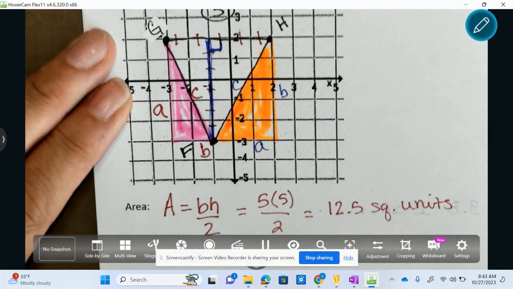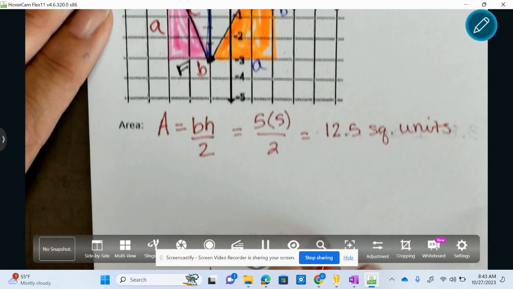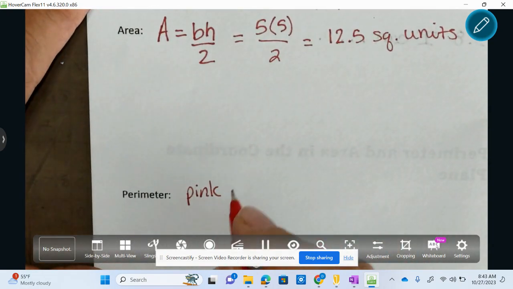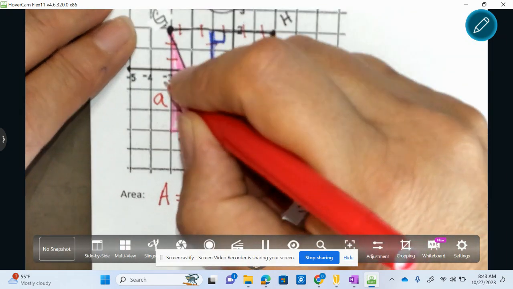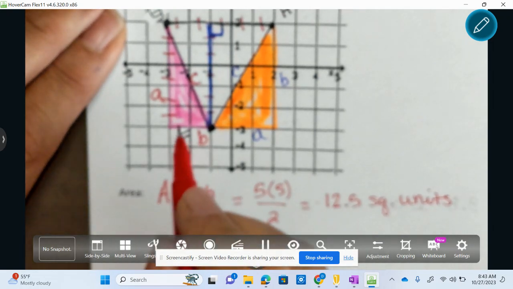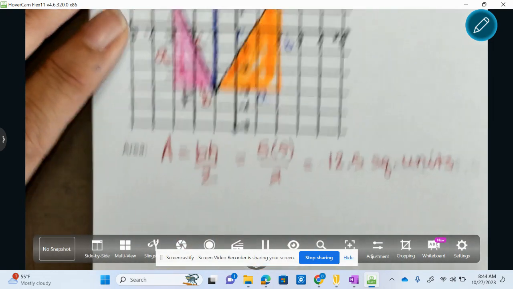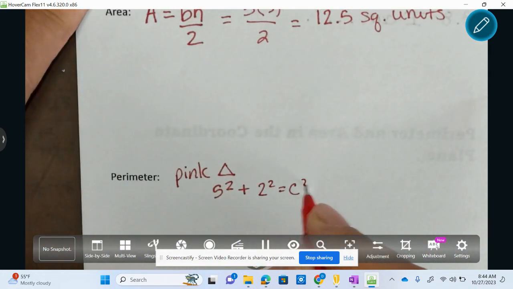So what is the value of A? I'm coming down here and writing pink triangle. The value of A is 1, 2, 3, 4, 5. So 5 squared plus the leg B, which is 2 units, 2 squared, equals C squared.